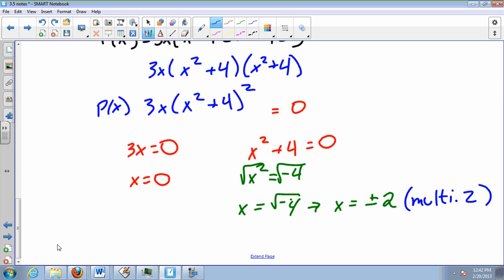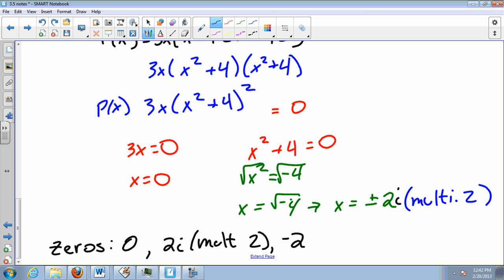So in total, our zeros occur at 0, 2i with a multiplicity of 2, and negative 2i with a multiplicity of 2. So that gave us 5 zeros in total, and the degree of the polynomial was 5.